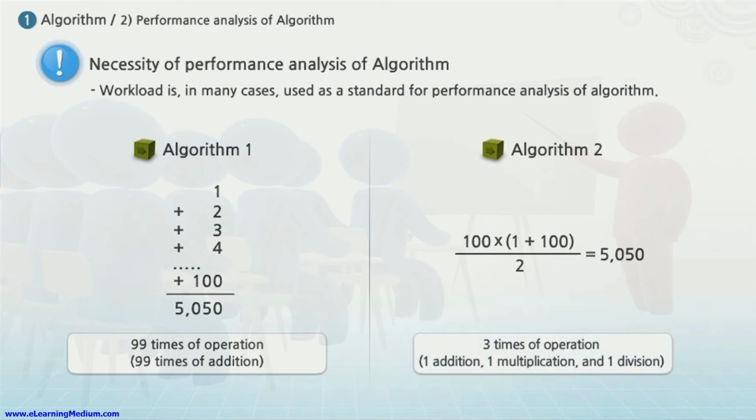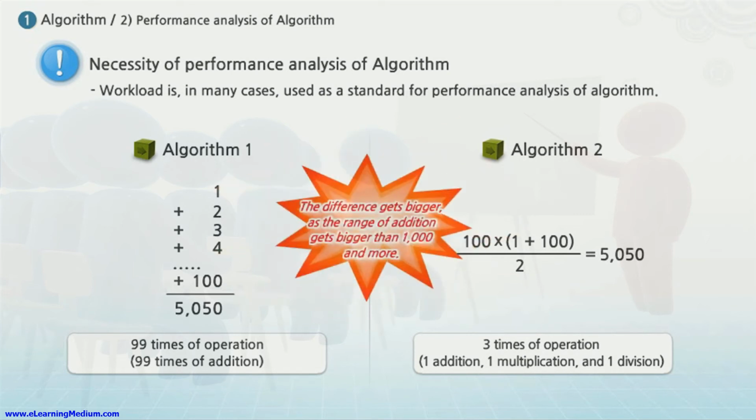In this case, it runs 3 times of operation in total, including 1 addition, 1 multiplication, and 1 division. Giving the number of operations only, algorithm 2 has even less number of operation than algorithm 1. You can also see that such difference gets bigger as the range of addition gets bigger than 1000 or more.